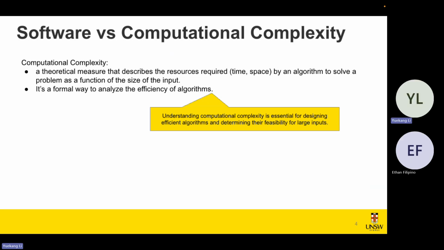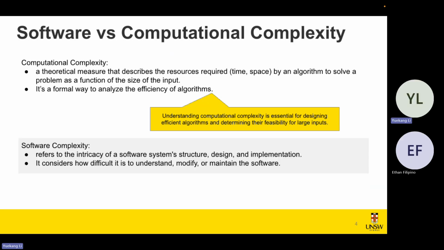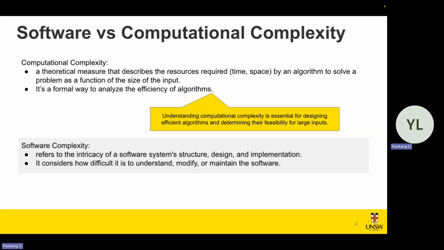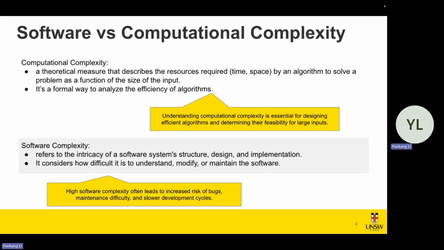However, for software complexity, we care more about the actual structure of the code. It is useful for understanding the effort for understanding, modifying or maintaining the software. So it is a different concept.